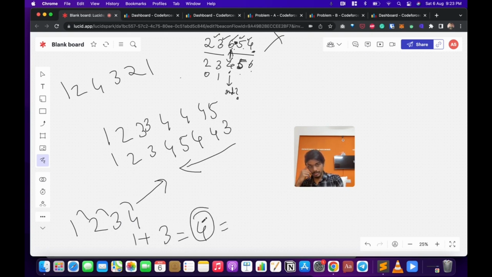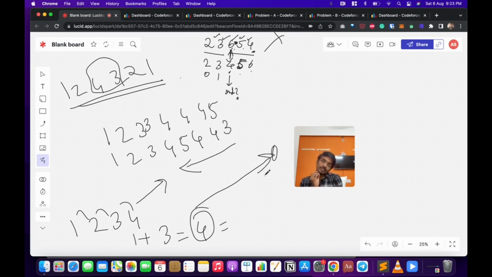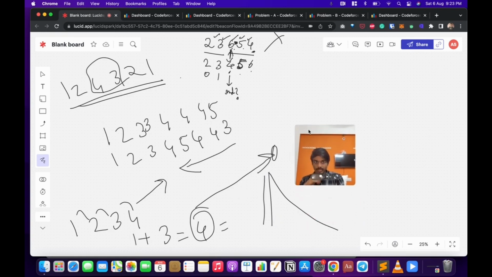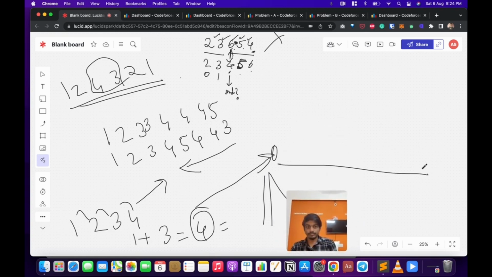So it needs 4 operations to decrease to 0, right? Here, how many operations are needed? So it should be like a straight increase, put everything, then straight decrease, finish. So there will be some increase, straight decrease should happen.